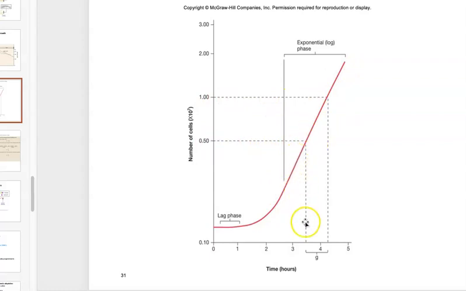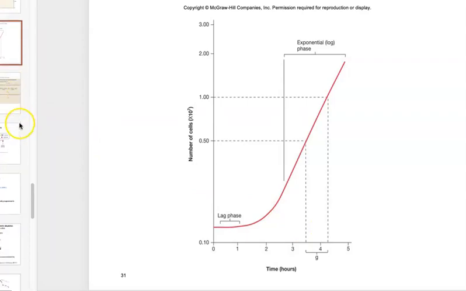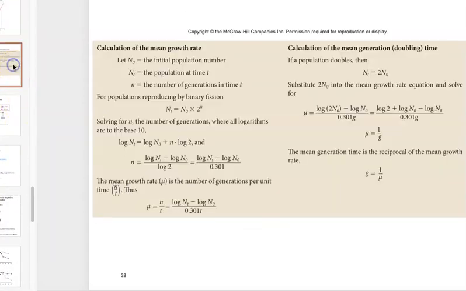We can use that information to get the generation time or doubling time, the amount of time it takes for the population to double. Typically, we like to record that information in minutes, and so that leads us to these important equations that we'll be using in the lab portion of the class.